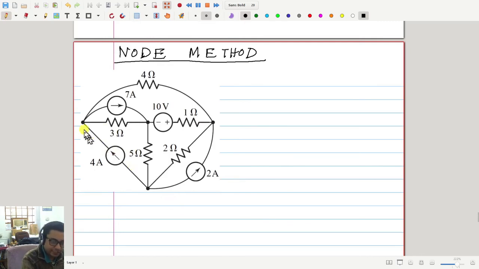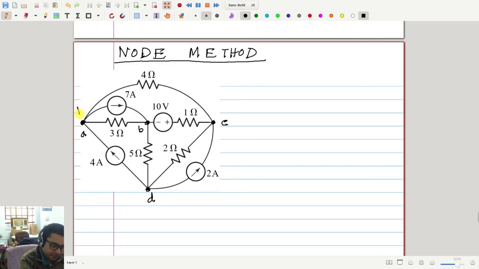First, we will identify the nodes or junctions. Like here is one node. Let me call it node A, node B, node C, and node D. So you see there are 4 junctions or nodes where many branches meet together. Now, we will assume that there is some potential in these nodes.